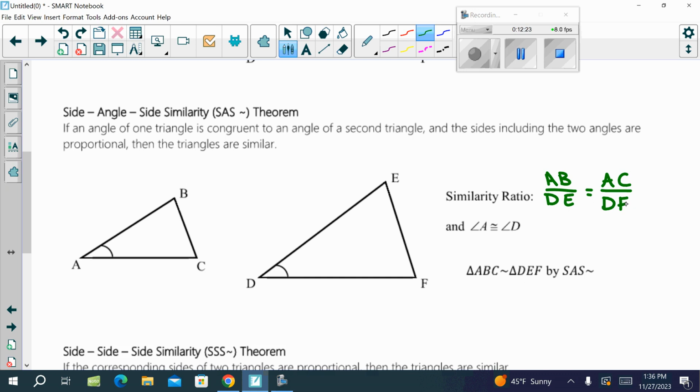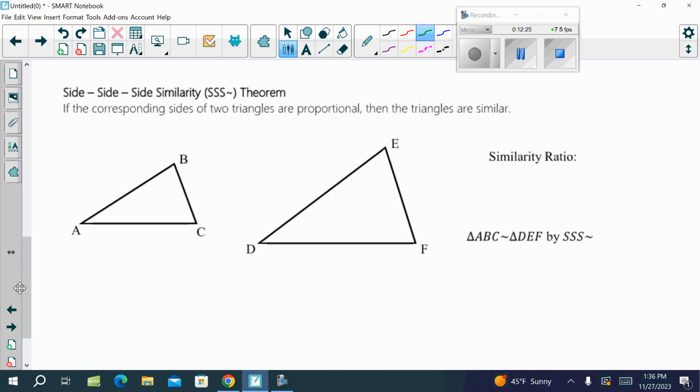Okay. All right, last one is side, side, side similarity. So instead of looking at any angles, if you just prove all 3 sides are proportional, then you have similarity. So we would say AB is the same as which side? DE.